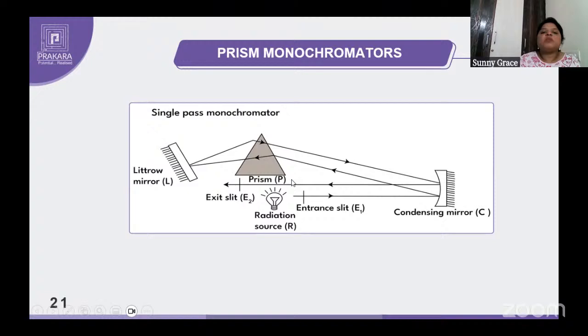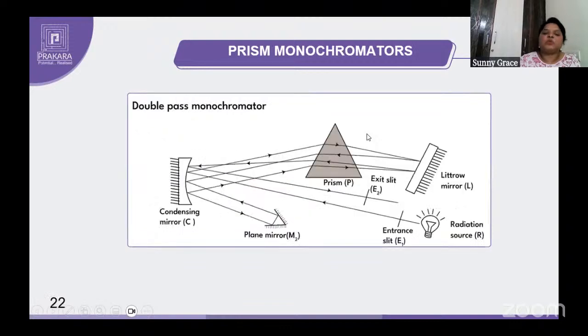Whenever the radiation passes two times through the prism, that is, it is incident as well as reflected and dispersion takes place twice, you call it a double pass monochromator. That is the only difference. Here, if you see four lines, 1, 2, 3, 4.